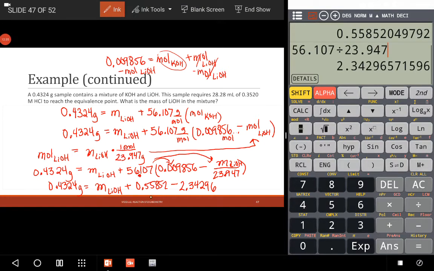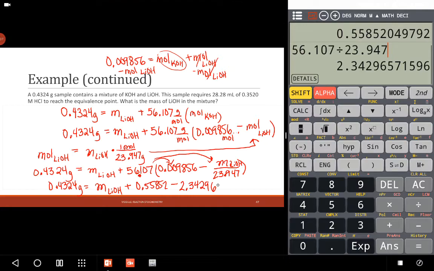Okay, so now we're going to combine like terms, the ones that have my mass of lithium hydroxide multiplied by it. So our like terms are these two terms, and then we're going to have that and that combined. So I need to subtract the 0.43 and erase some of this. I have a little bit more room.